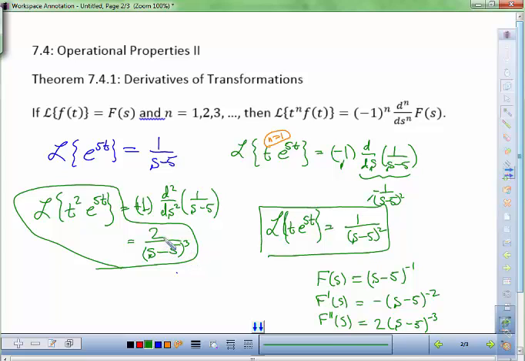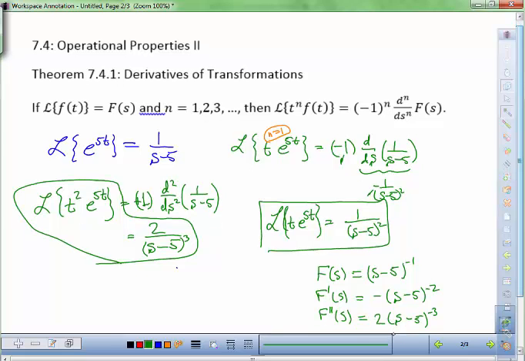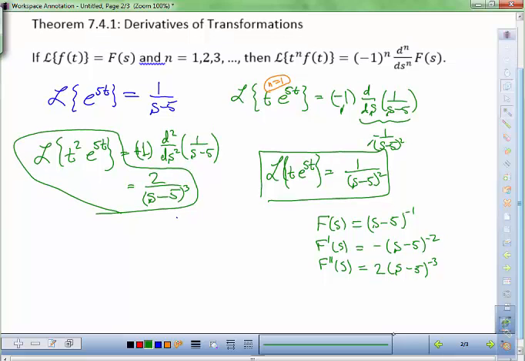So that 2 is up here, it stays positive, and the negative 3 becomes (s minus 5) to the third power in the bottom. So there's a 2 that comes out. And if we do it again to the third power, then it should be 3 times 2, or 3 factorial coming out. Okay. Any other questions?